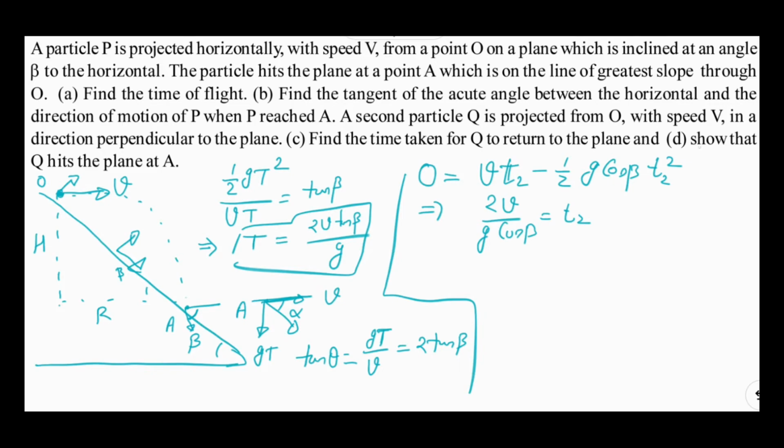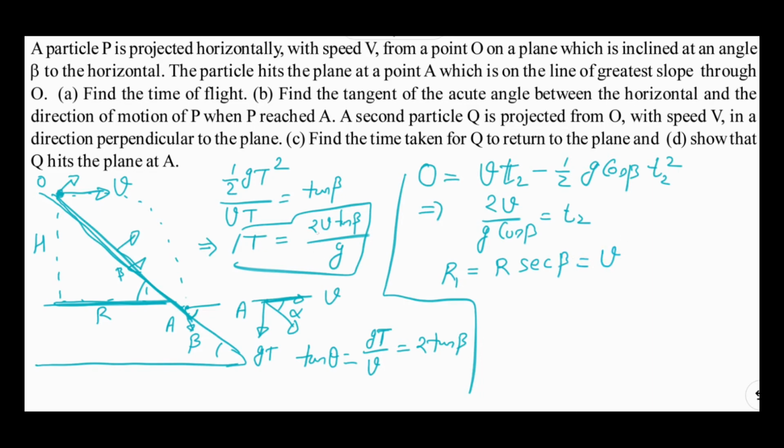In the D part, we need to show that this Q also hits the plane at A, where the initial particle was hitting. In order to do so, we can find the range of both the particles along the incline, and that should be equal if both are reaching the point A. The range of the first particle can be deduced using r into sec beta, where r is going to be vt.